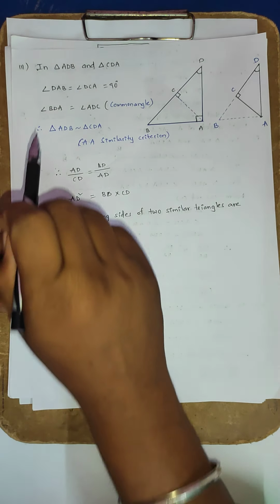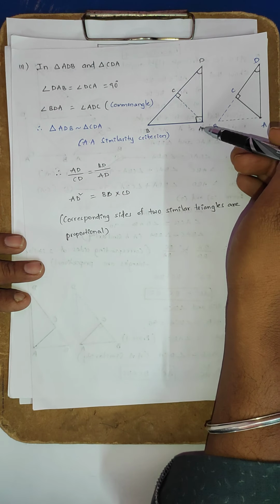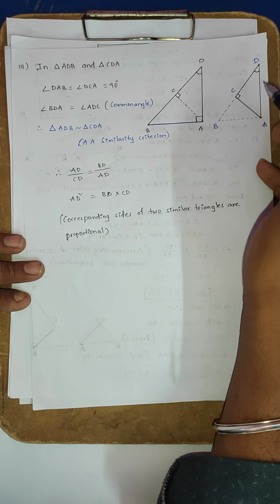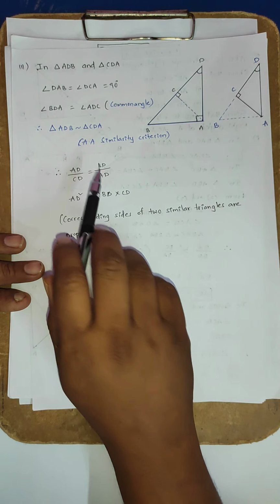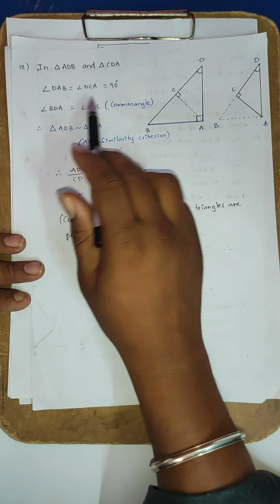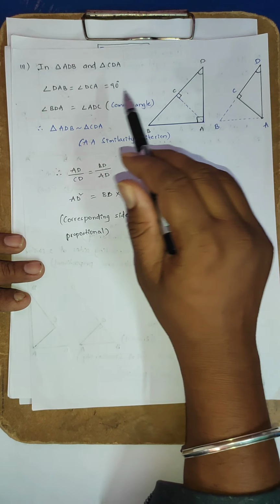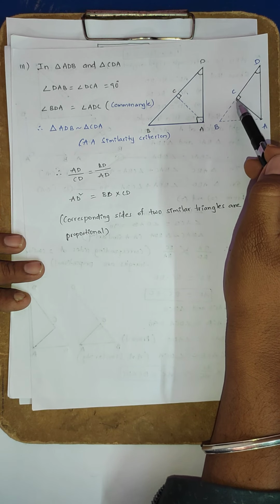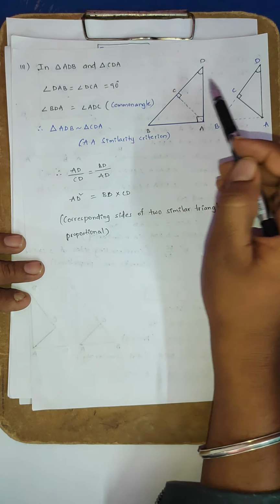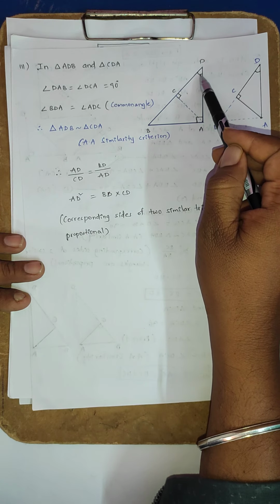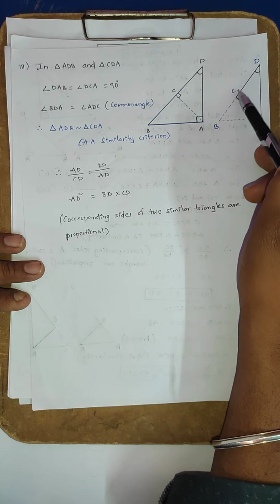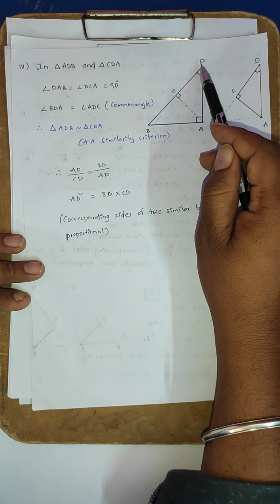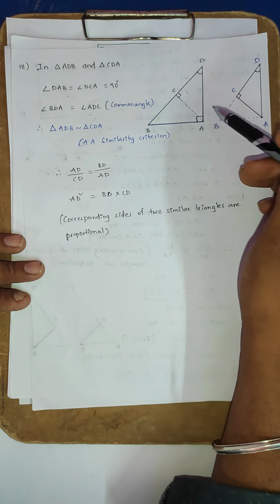Now the third one. In the big triangle ADB and the small triangle CDA, same as before, angle DAB is 90 degrees and in the small triangle, angle DCA is also 90 degrees. Angle BDA is acute and angle ADC is acute, the same, and in these two triangles angle D is a common angle.